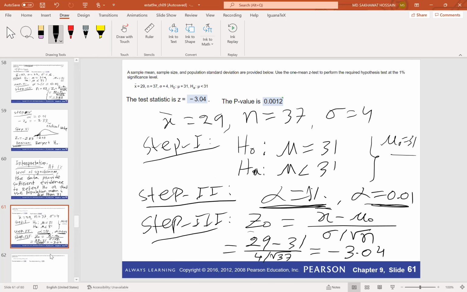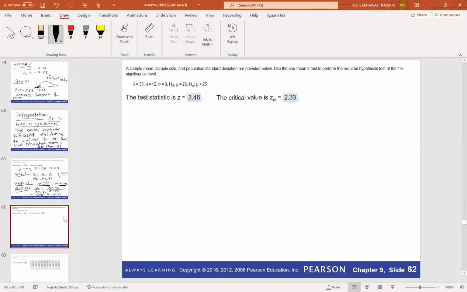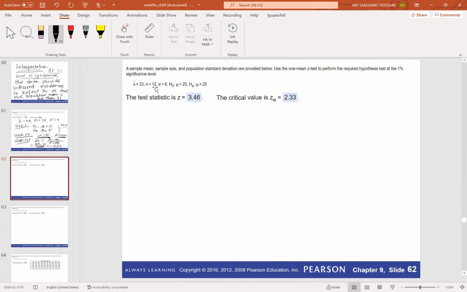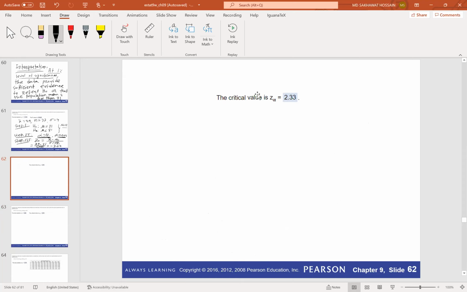Okay, so here we'll use the p-value approach. That means you need to find the p-value. To find the p-value, our test statistic is negative 3.04.